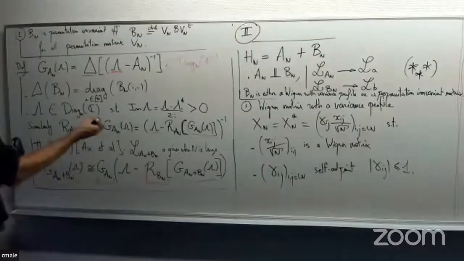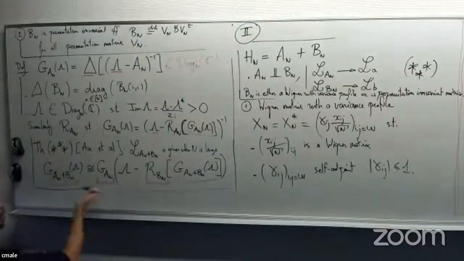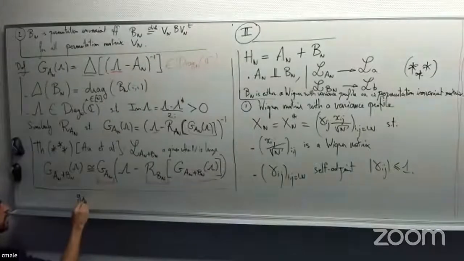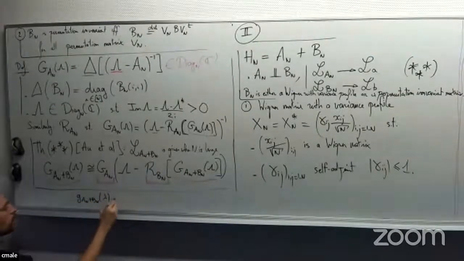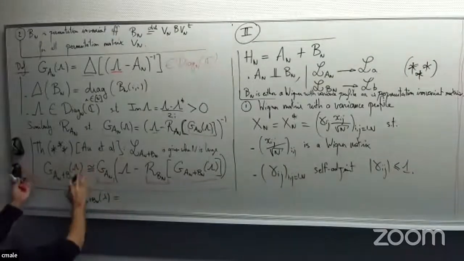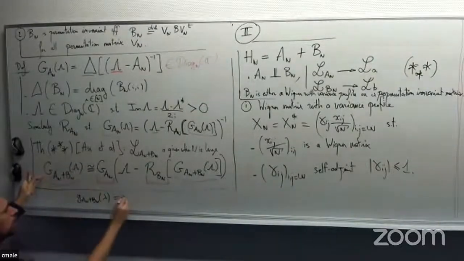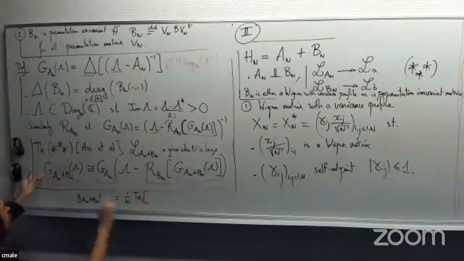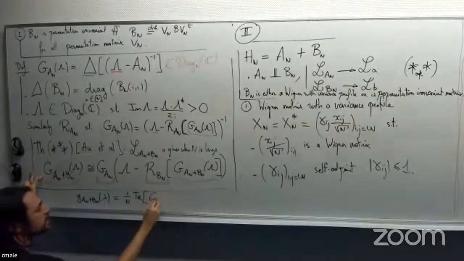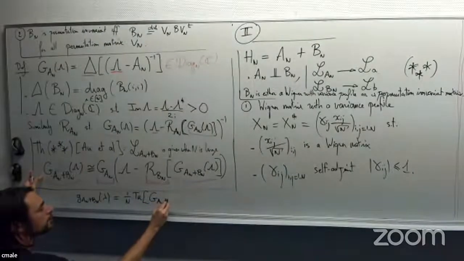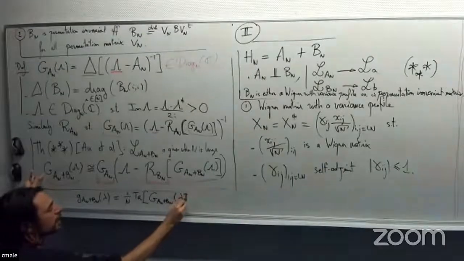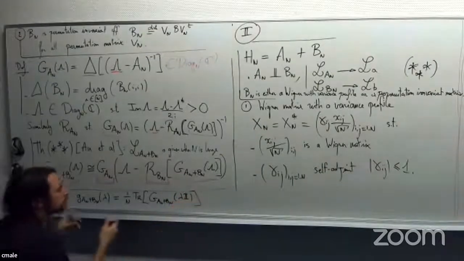And at the end, if you want to understand the spectrum of the sum of two matrices, you know that it is enough to understand the Stieltjes transform. But to understand the Stieltjes transform, if you know this more general functional, you just have to evaluate 1/n the trace of this generalized Stieltjes transform in the parameter, which is a scalar, lambda times the identity.